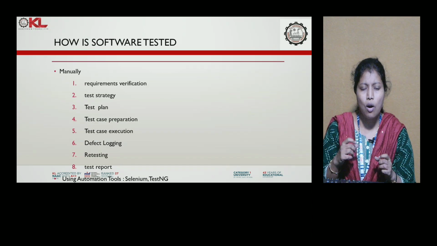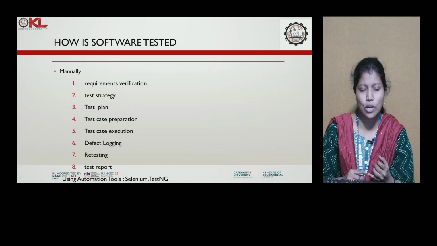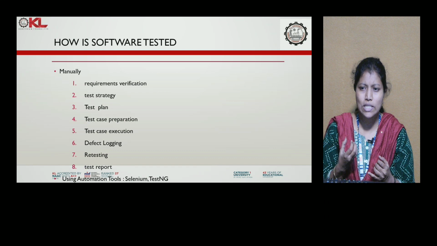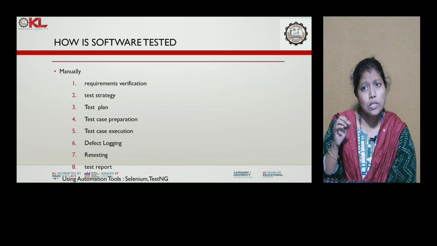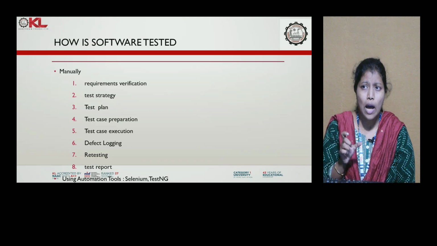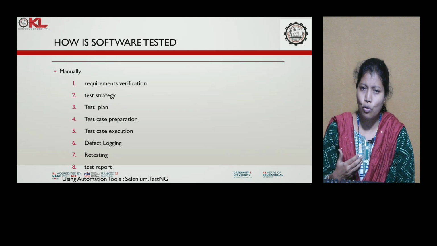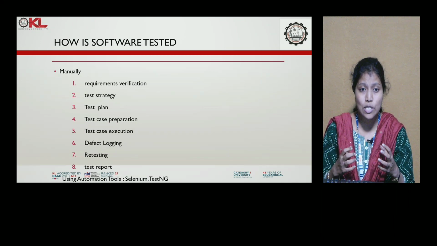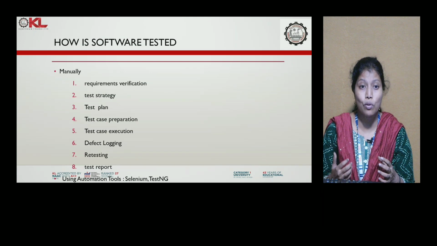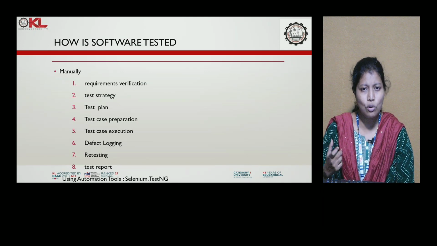That means what is an error, what is a defect, and what is a bug. So what is an error? In software testing, suppose the user simply writes the code. Error means it is definitely prone to a logical error or a syntactical error. If you go with a logical error, that means the way the system is expecting the construct, we are not able to write. That leads to a logical error.